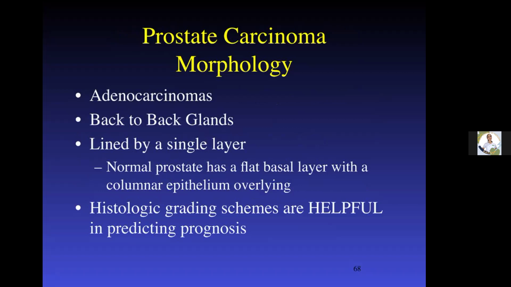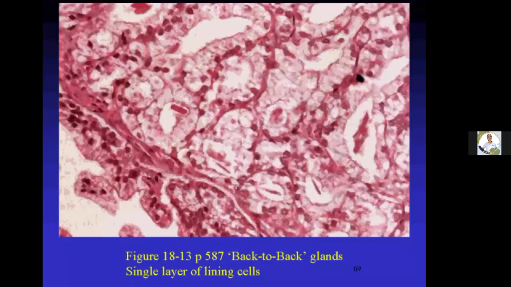The higher the histologic grade, of course, the worse the prognosis compared to a patient where the histologic grade is low. So here is a picture of prostatic adenocarcinoma. The glands are in back-to-back arrangement, and they are lined by a single layer of cells.